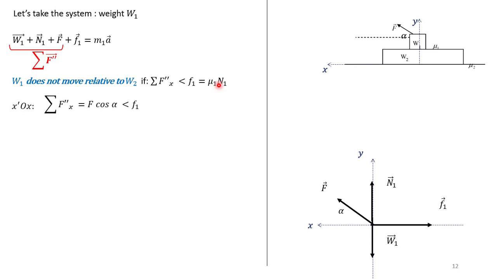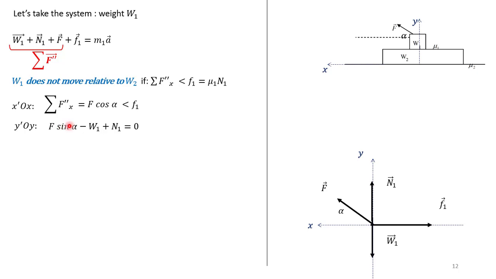So along x, the sum of F double prime x is equal to F cosine alpha, and F cosine alpha should be smaller than F1. Now the projection on the y-axis will give us minus W1 plus N1 plus F sine alpha is equal to M1 times ay, and ay is equal to 0.